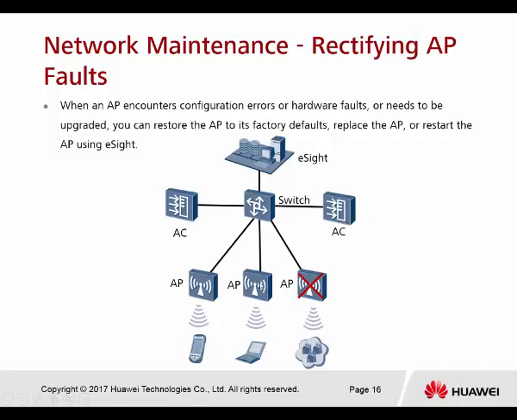So you don't need to do any telnet anymore. What you need to do is just type the IP address in your browser. You can access the eSight and use it to choose which AP we are going to reboot, or restore to factory default. It's just one click, very easy.